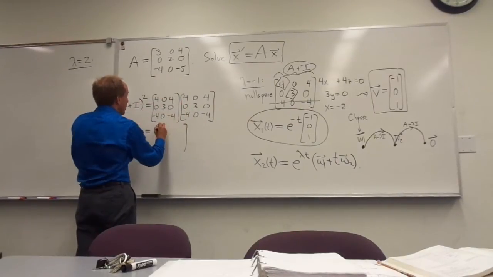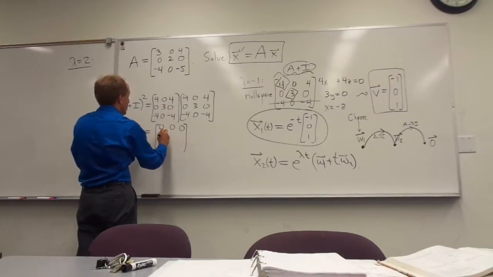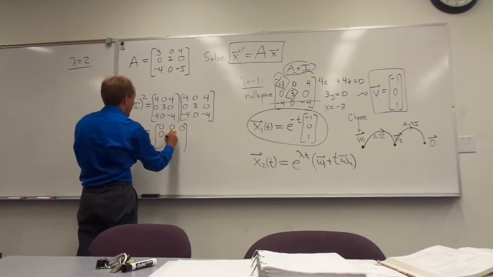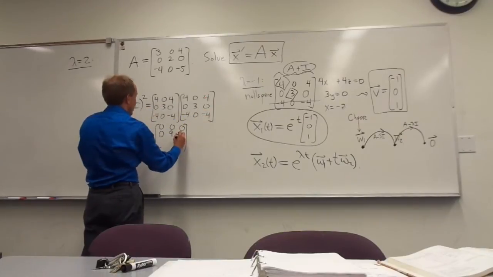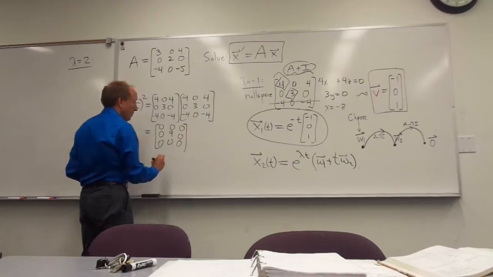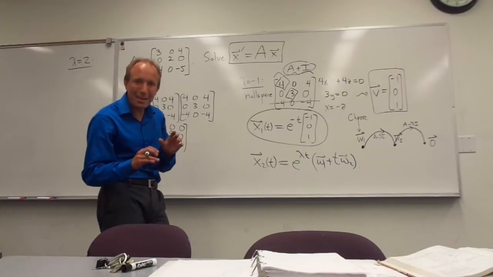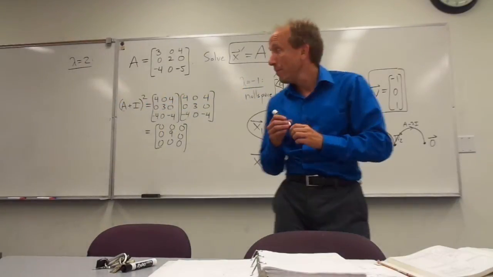I'll do this quickly because I know you guys can check me on this. I'm going to get [0, 0, 0; 0, 9, 0; 0, 0, 0].